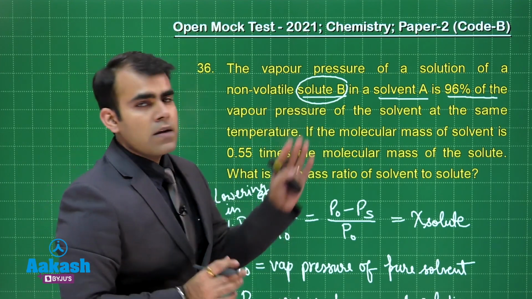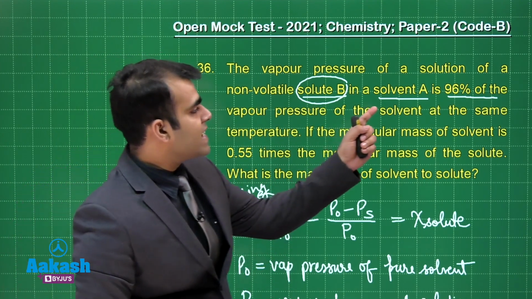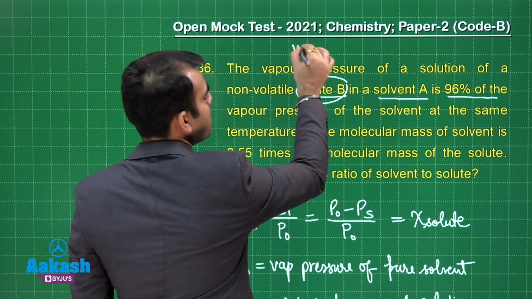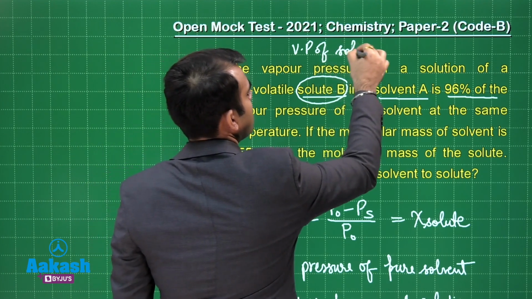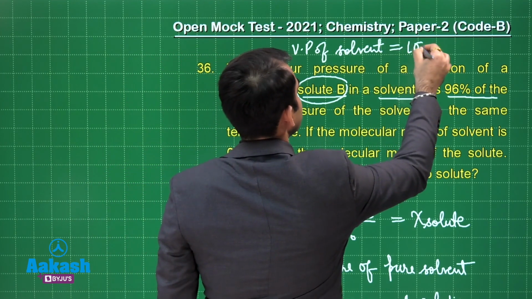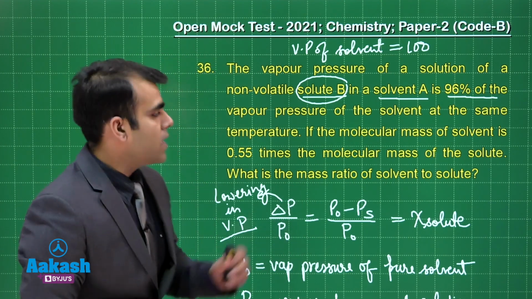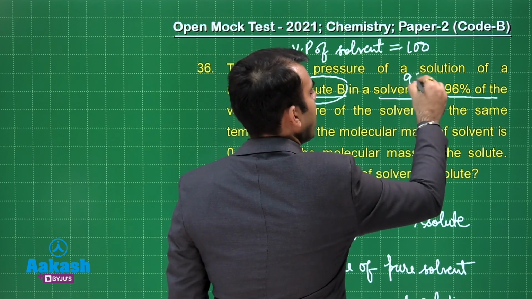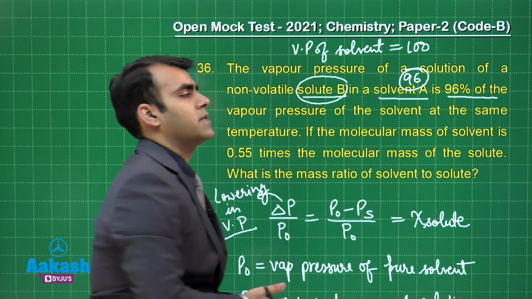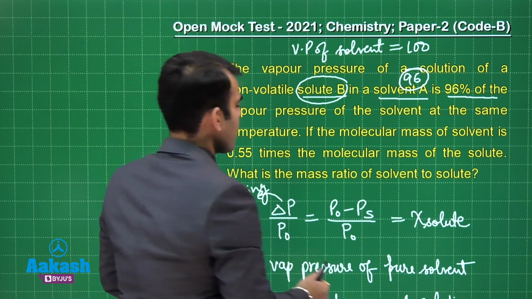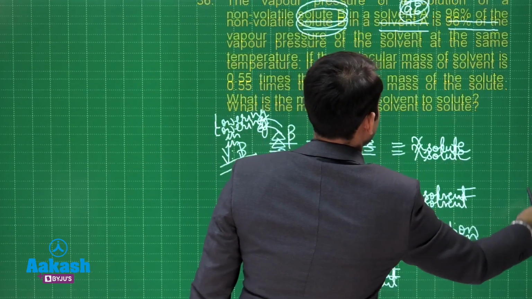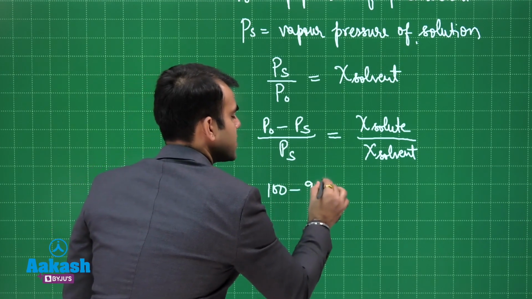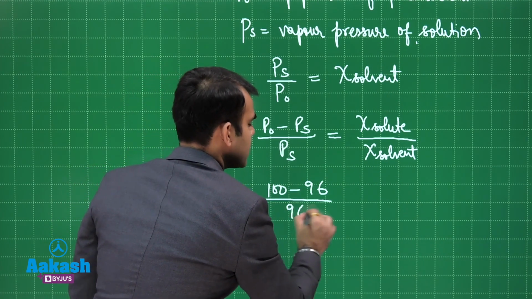So for example, if I take the vapor pressure of solvent as 100, then the vapor pressure of my solution is 96. So from this information, I can say that this is 100 minus 96, divided by 96.